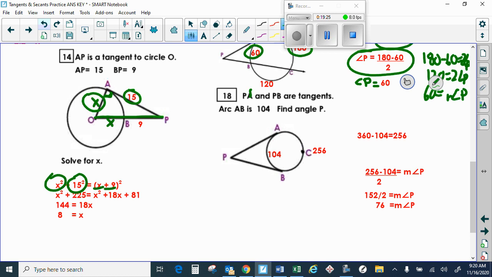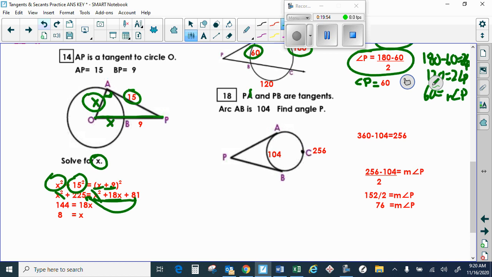I multiply the two together, 9 times x is 9x, and double that to give a middle term of 18x. And then I square the last term, 9 squared is 81. So I have a quadratic on this side, and a quadratic on this side. Well, now the x squares are going to cancel each other out. Let's subtract the 81 across. I get 18x equals 144. X equals 8. It said to solve for x, so I'm done. Always go back and read the question.